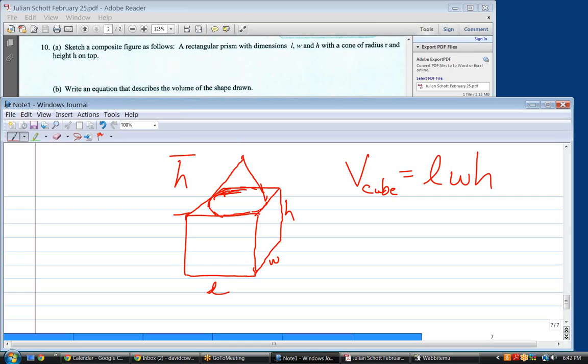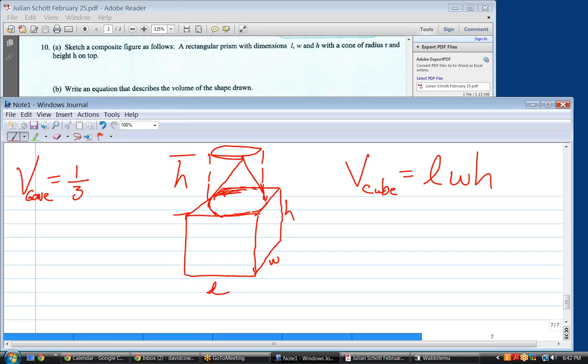Now, what's the volume of the cone? Let's go over here on the left. The general formula for the volume of a cone is what? Is it pi, wait, no, 4 over 3. You're close in your thinking. It's 1/3 the volume of the equivalent cylinder. If I were to make that a cylinder instead of a cone, the volume of the cylinder would be pi r squared times h, right?